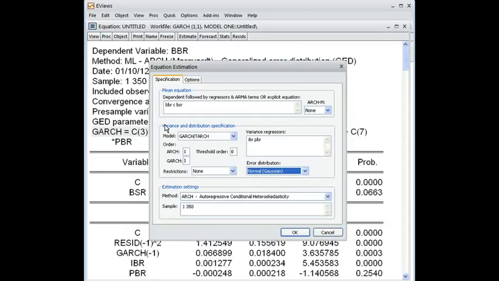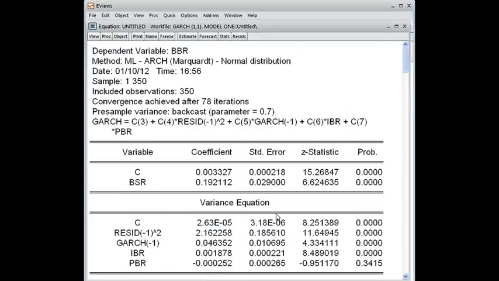Other things remain unchanged. You can see ARCH(1), GARCH(1), meaning that this is a GARCH(1,1) model. I estimate this model, and this is the outcome for the normal distribution. Now the question is, when will the model be best?